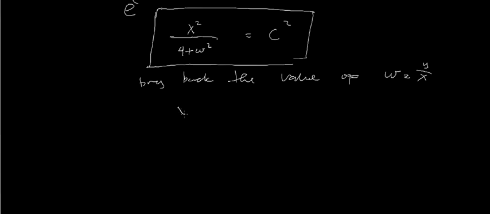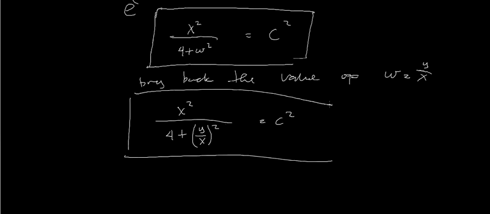Okay, so we have x squared over 4 plus our equation here, y over x squared, is equal to c squared. So this is now our general solution.